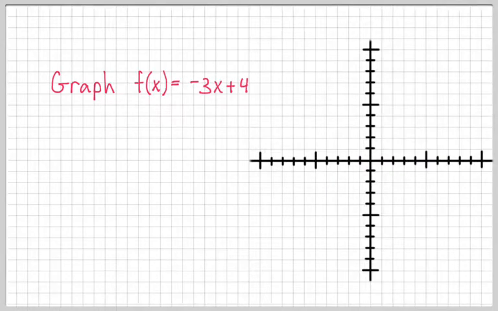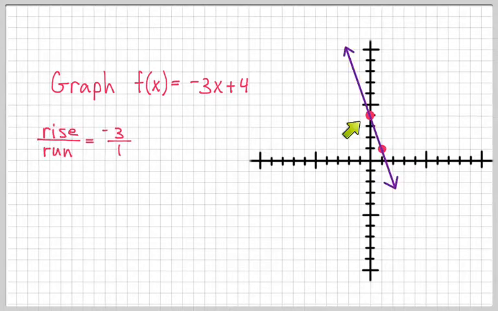And finally, let's look at f of x equals -3x plus 4. So in this case, the y-intercept is 4, and the slope is -3 over 1. So I put my y-intercept at 4, and now since the slope is -3 over 1, I'll go down 3 and right 1. I'll put a dot there, connect the dots.